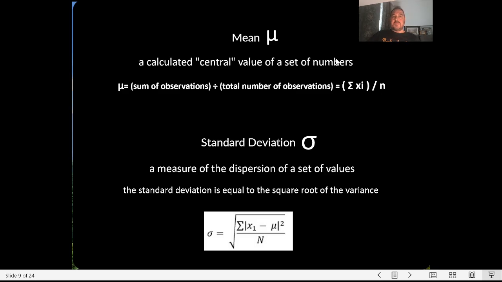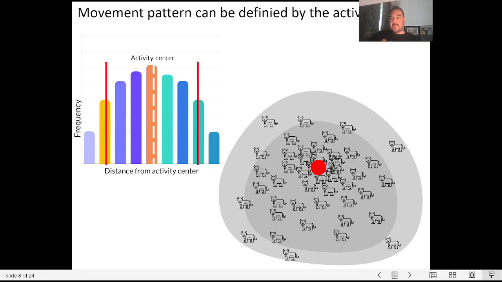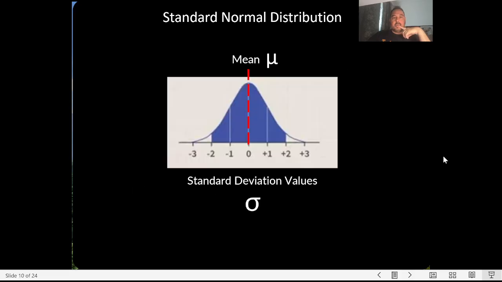So we can treat the activity center somehow as the mean. And the standard deviation, without going too much into the math, is the dispersion of the values, the distance of the values from the mean, which means how the values disperse from this mean toward the tail of this curve, like this.